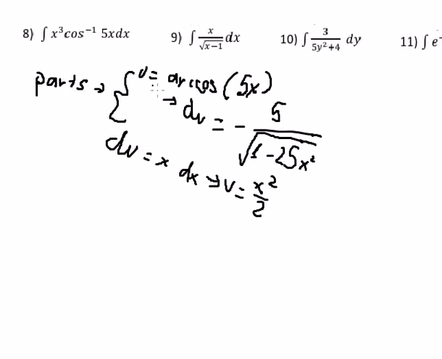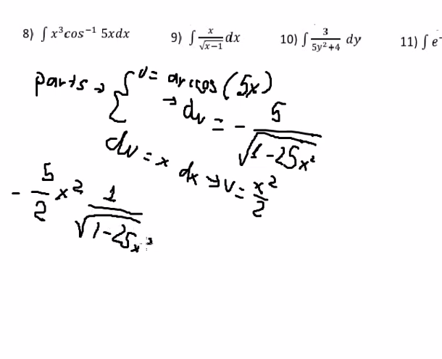So we have u multiplied with v. We had a negative, so you got the positive, and we put 5 over 2, the integral of s squared over the square root of 1 minus 25s squared.